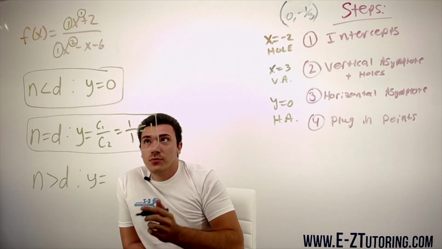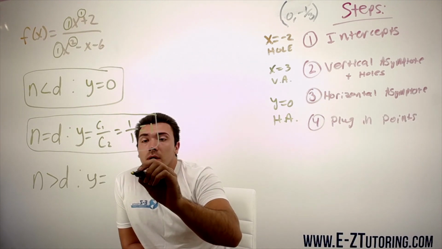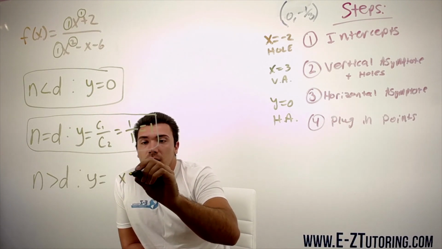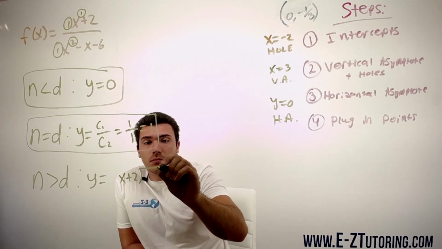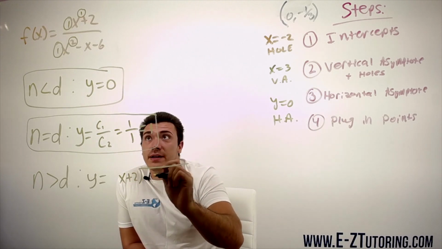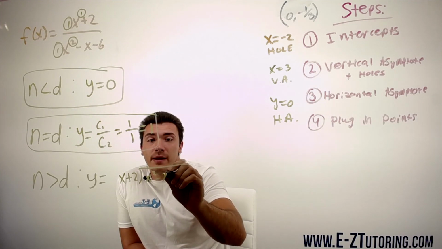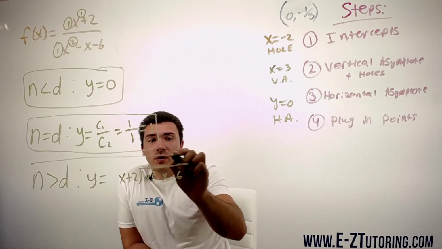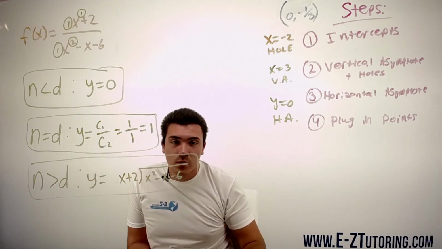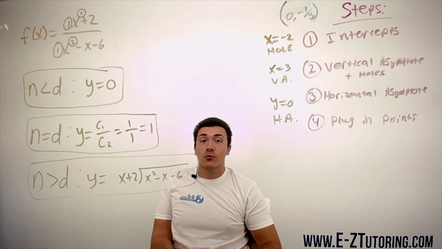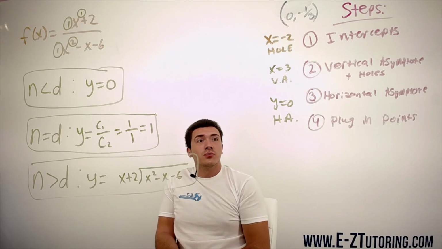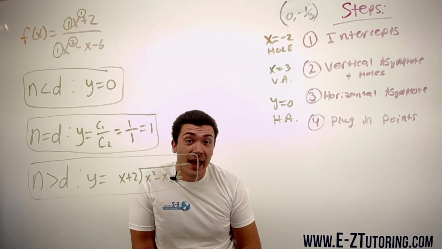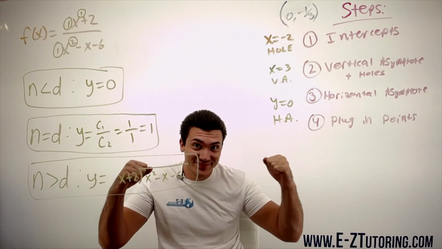So you set up your division here, and you get x plus 2 divided into x squared minus x minus 6. And well, you work all this out and you will get something for your y, and that would be your slant asymptote. So those are all the rules for step number 3. Now we can start graphing.